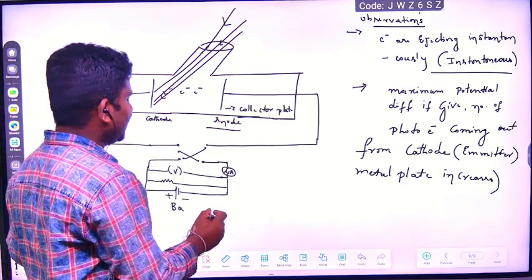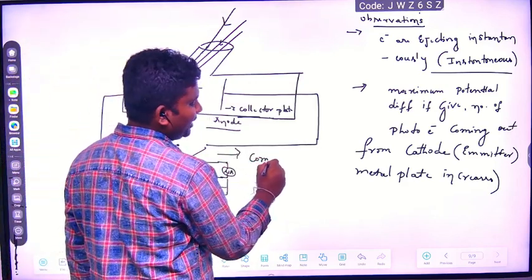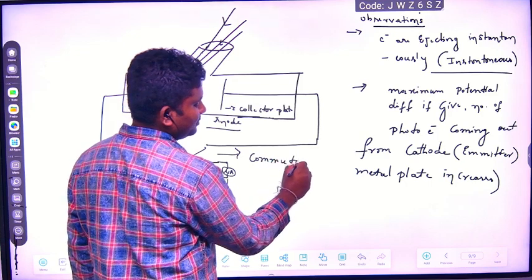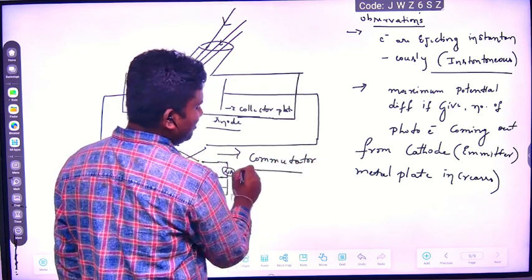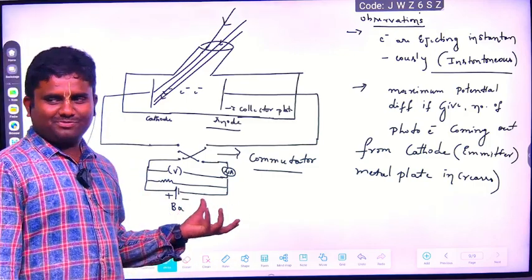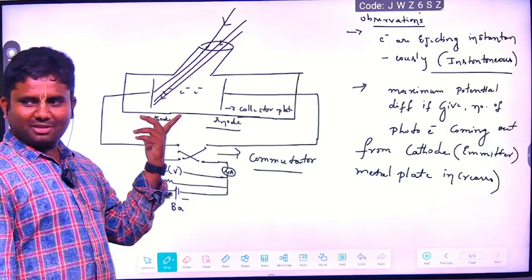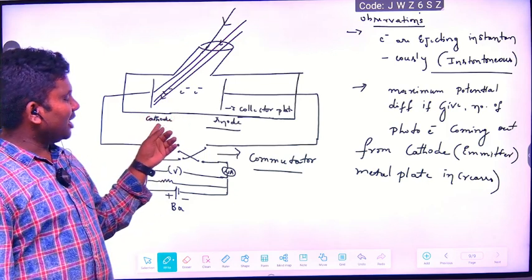This is a commutator, not compiler, sorry. Last time I wrote compiler; it is commutator. What will this commutator do? For example, if you want to change the potential, here at the cathode I gave negative potential.